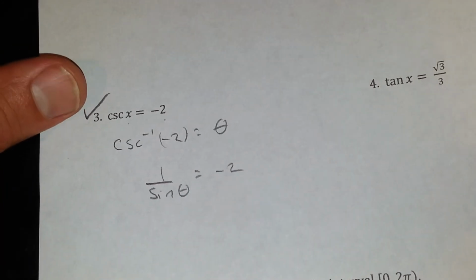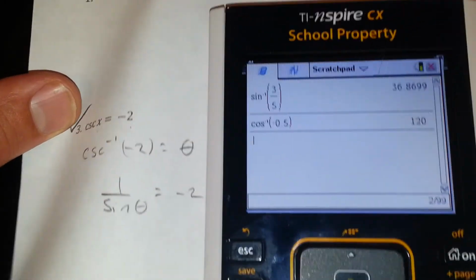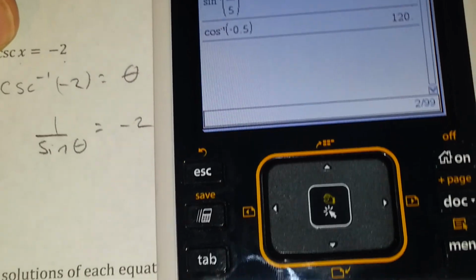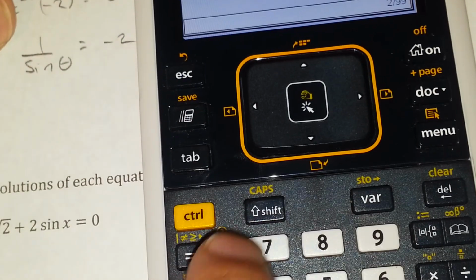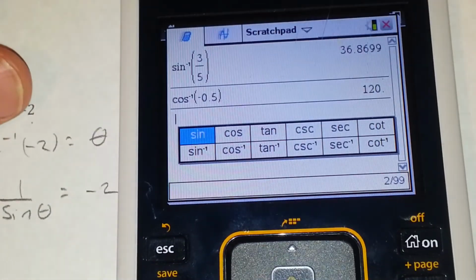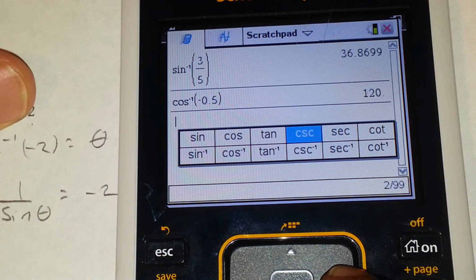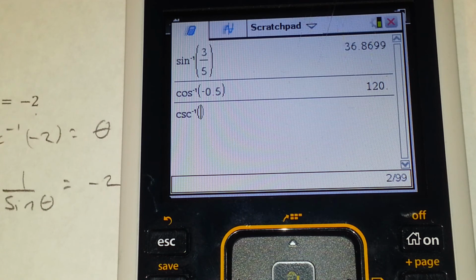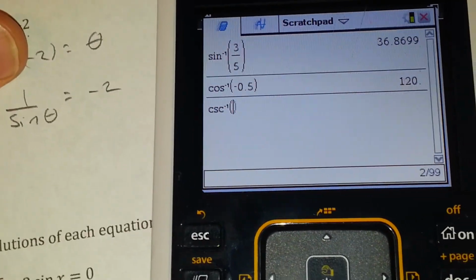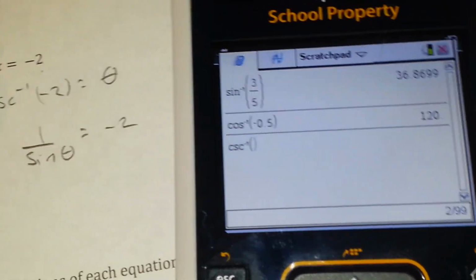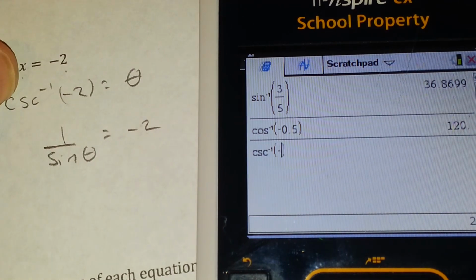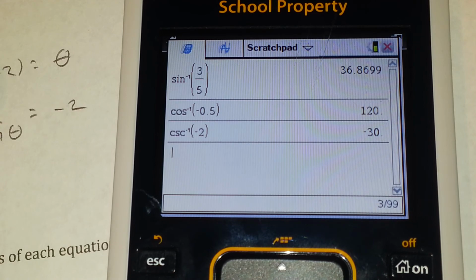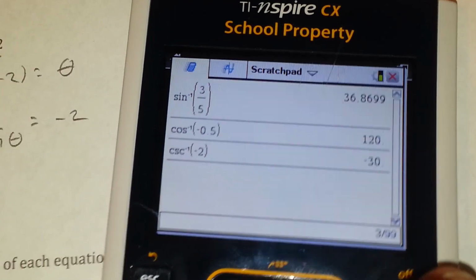But on our trig function menu here, I can go to inverse cosecant, enter, and what do we want to put in? Negative 2. Enter, and that's negative 30 degrees. Okay? Negative 30.